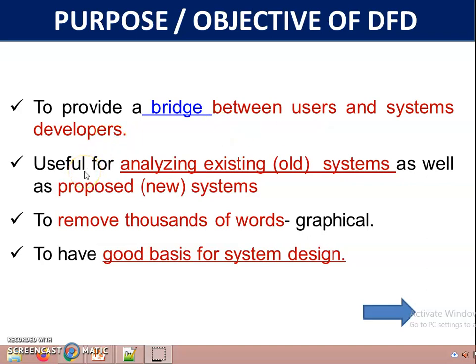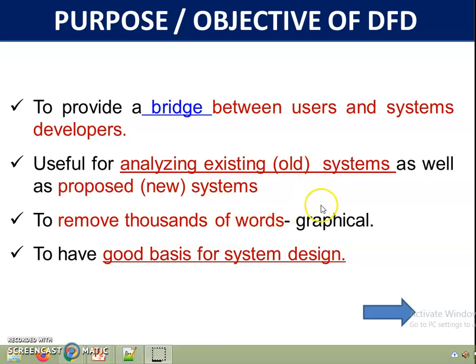The second purpose is that the DFD is useful for analyzing the old system as well as the proposed or the new system. Now this will help because the system analyst can compare and check later on at which part of the old system has to be improved in terms of the processes and the information that will be required in the new system.